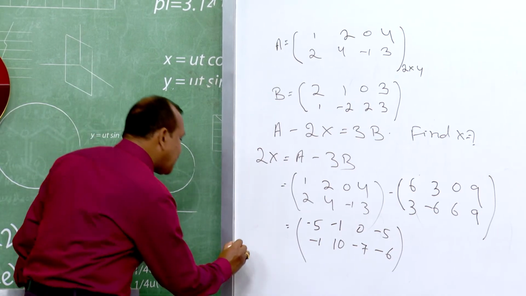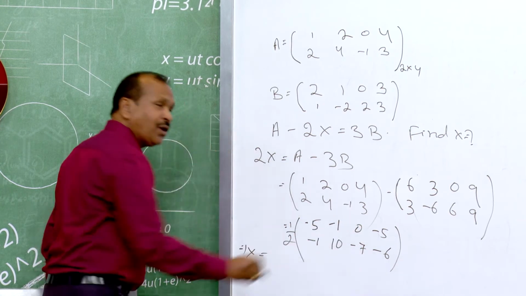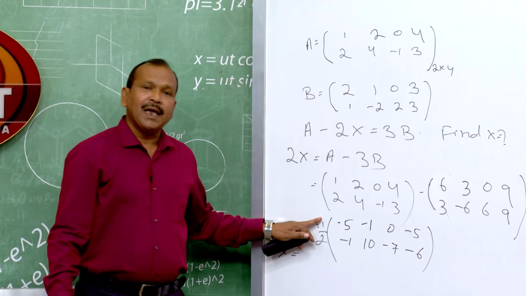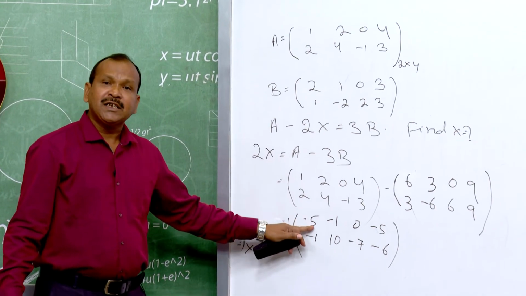Then this implies that X becomes half times this one. Now half is a scalar and this is a matrix, so half is multiplied in each term of the matrix.